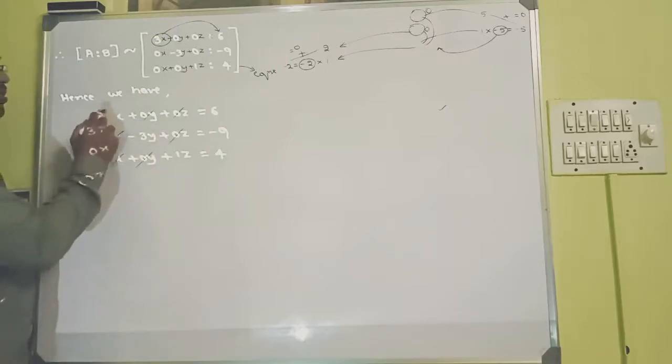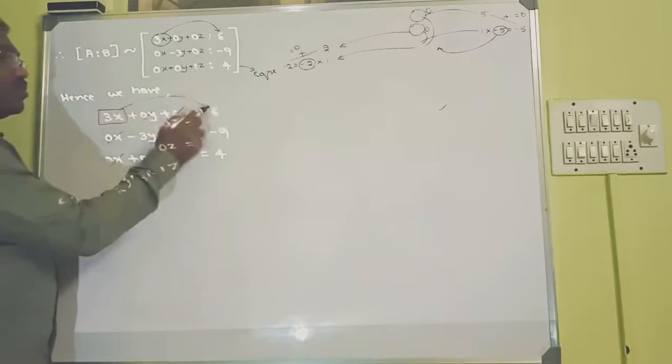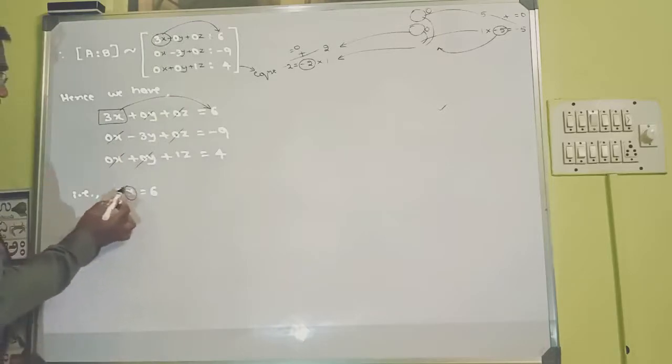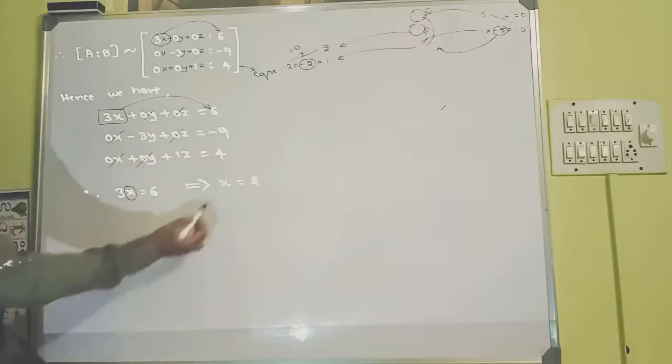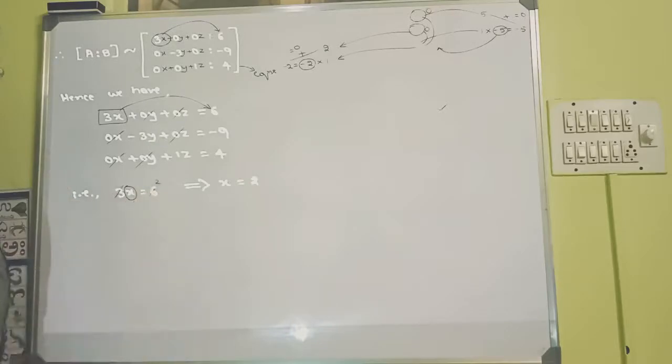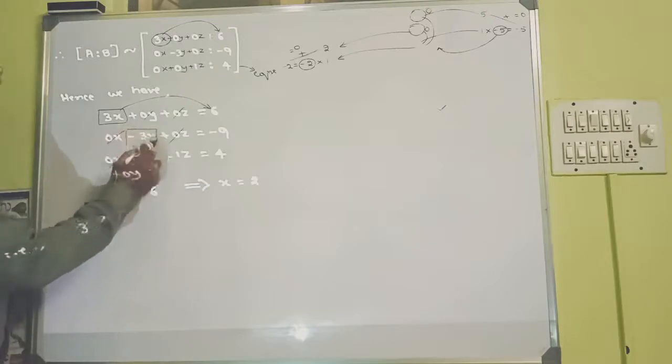Then what does your first equation give? 3x is equal to 6. Therefore, what is your x? x is equal to 2, because 3 twos are 6. Now, from the second equation, what do you get?